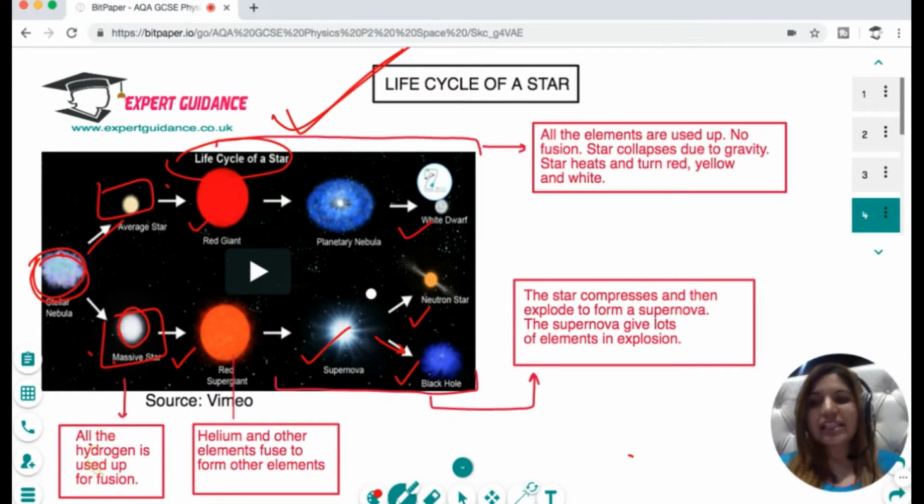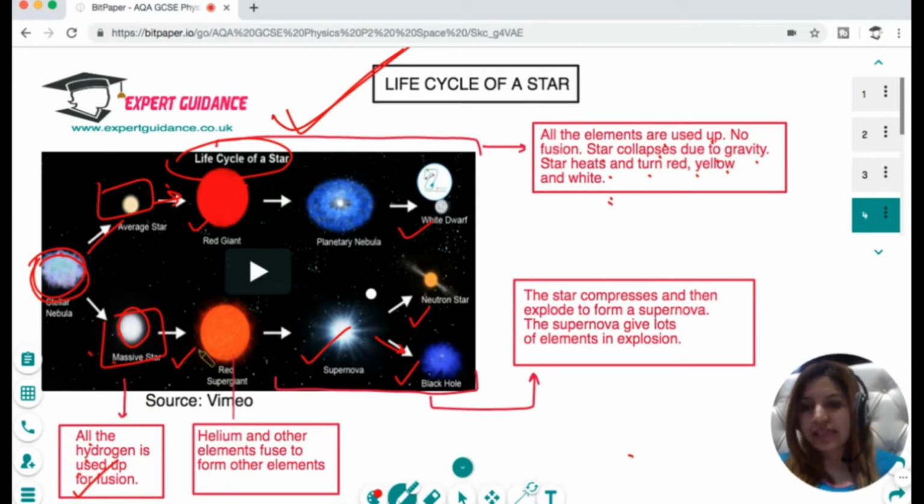Now, as all the hydrogen is used up in the fusion, the gravitational pull and fusion are no longer balanced and the star explodes. So here, all the elements are used up, there is no fusion, the star collapses due to gravity, and the star heats and turns red, yellow, and white.